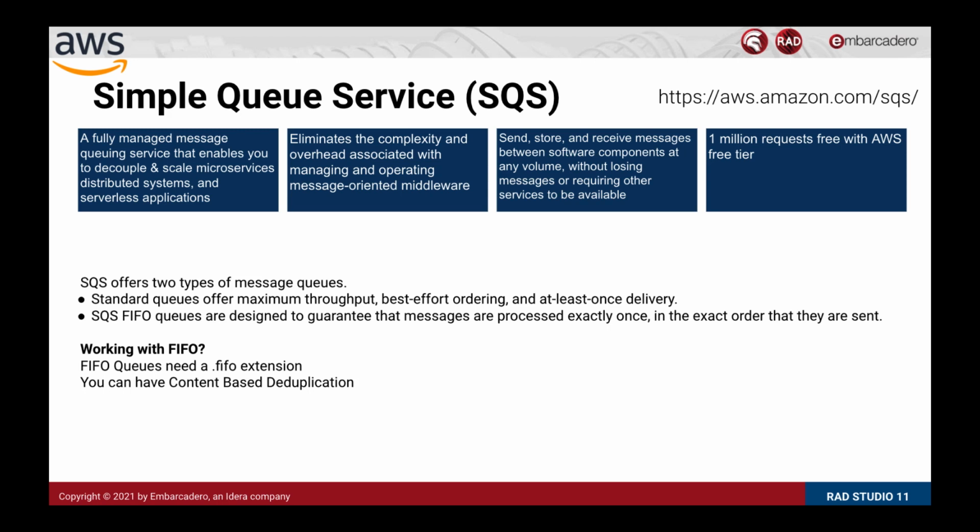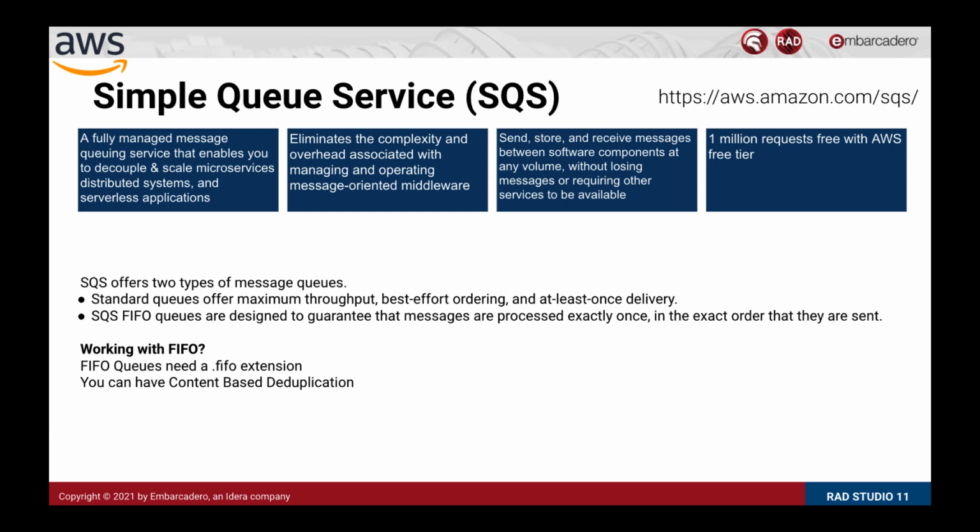Standard queues will deliver a message at least once, and while they are best effort ordering, as this says, they aren't guaranteed to be delivered in the order they were received. SQS FIFO queues are guaranteed to be delivered in the right order, and the message will only be delivered once, which means you have to design your processes appropriately for which purpose.